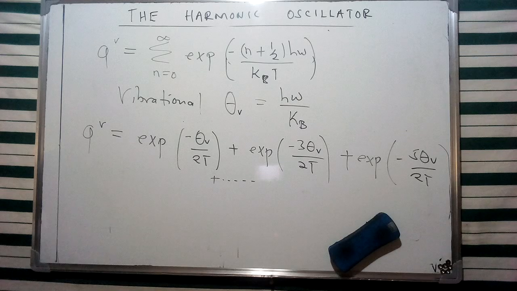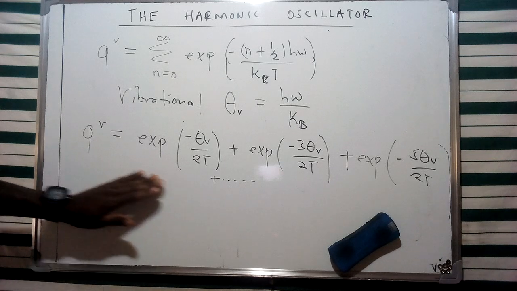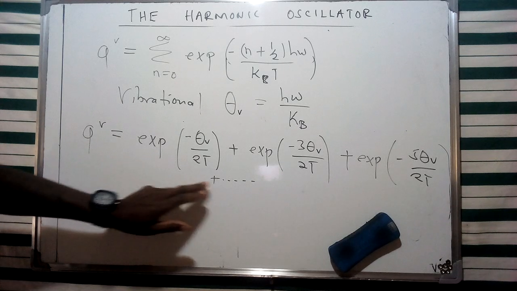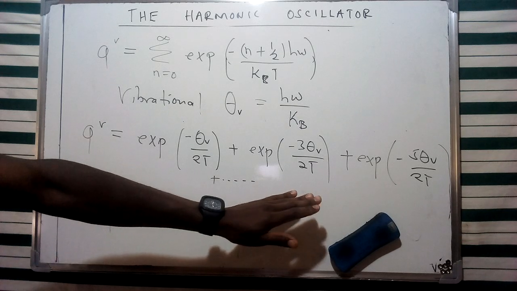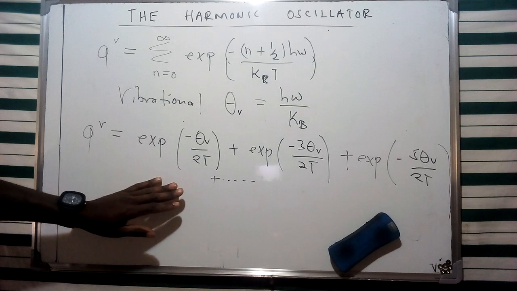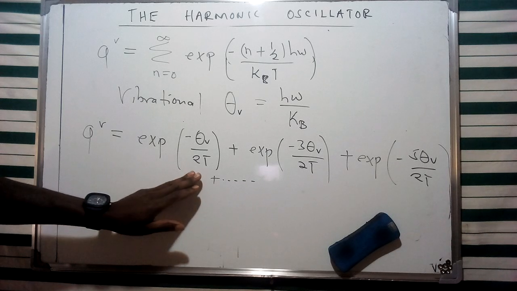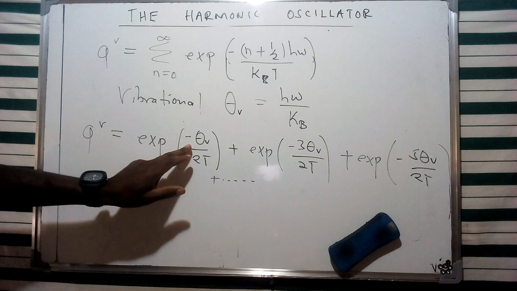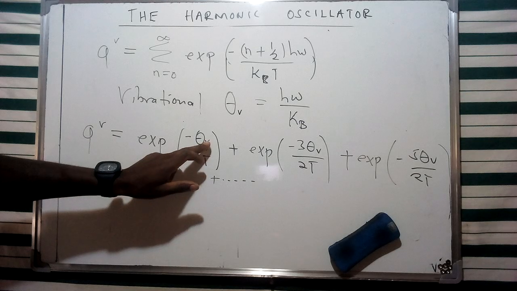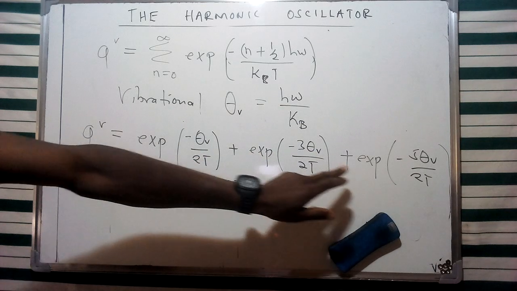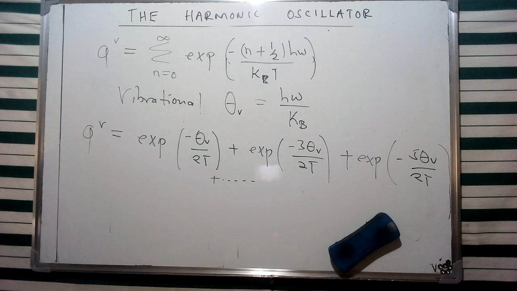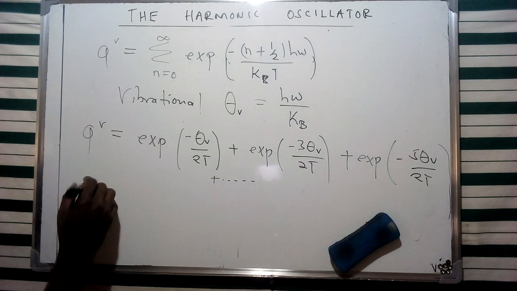Now, if we consider this a linear equation, we're going to see that there is a constant term arising from this representation, and this basically can be factored out, which is the negative vibrational temperature over 2T, and then we're going to remain with some common factors within this expression.